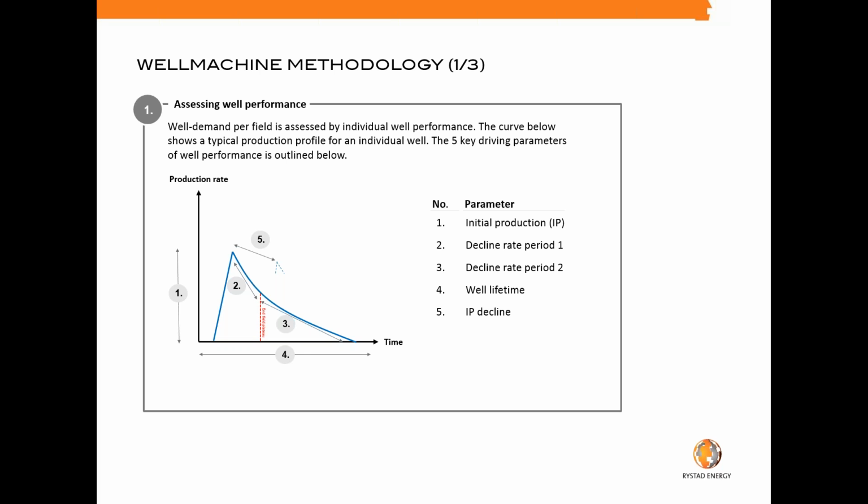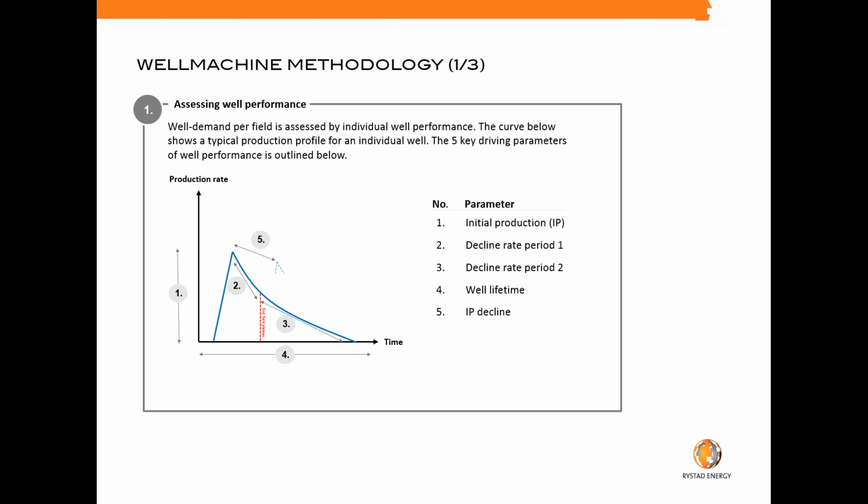we look at well demand per field, which is assessed by individual well performance. The curve below here shows a typical production profile for an individual well. And there are typically 5 parameters determining the well performance. Firstly, number 1 is the initial production.